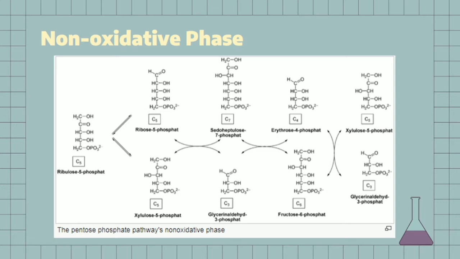It is almost similar to the second process. We will take two carbon groups from xylulose 5 phosphate to create fructose 6 phosphate, and then take two carbon groups again from xylulose 5 phosphate to form glyceraldehyde 3 phosphate.